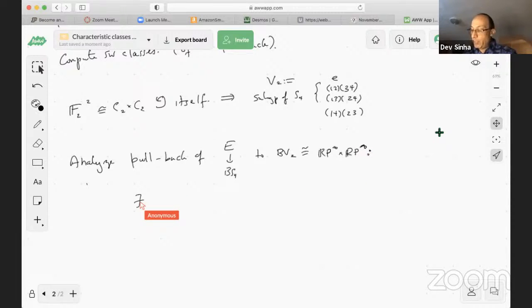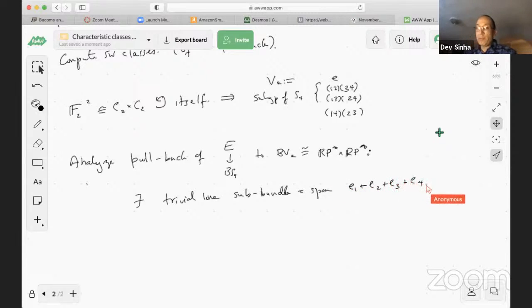there's a trivial line bundle which is the span of, for those who worked with a regular representation before, you'll recognize this. The four basis vectors are permuted by the action. Therefore, when I look at this quotient, E is defined as a quotient.